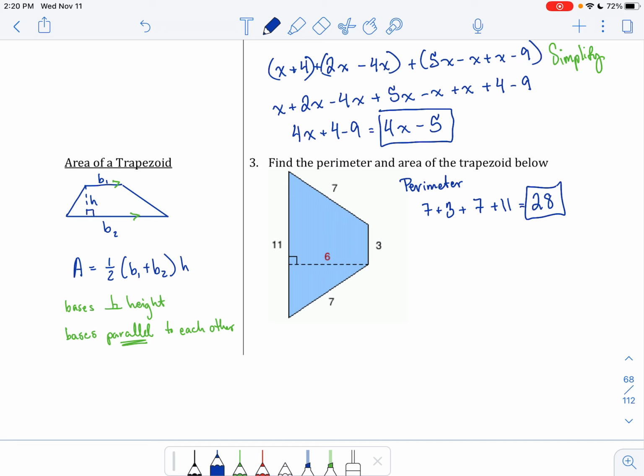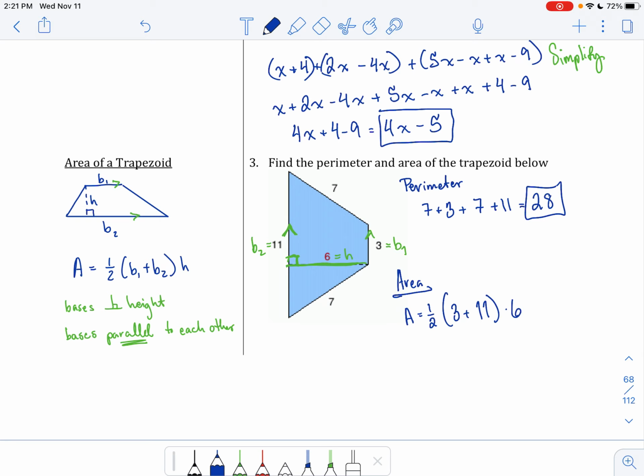For the area, it's a trapezoid, and it's really helpful to make sure that I am labeling my bases and my height correctly. So in this case, I've got my base 1 and base 2, because those are the ones that are parallel to each other. And then we have our perpendicular here, which means that 6 is our height. So plugging that into our formula, we end up with area is equal to 1/2 base 1, 3, plus base 2, 11, times 6.